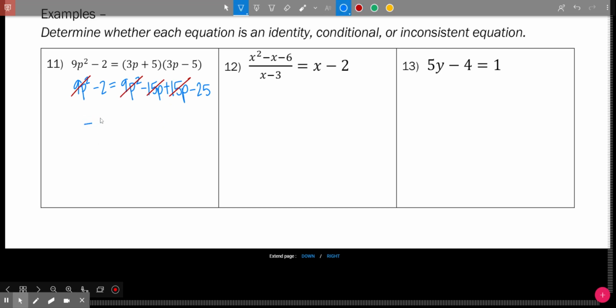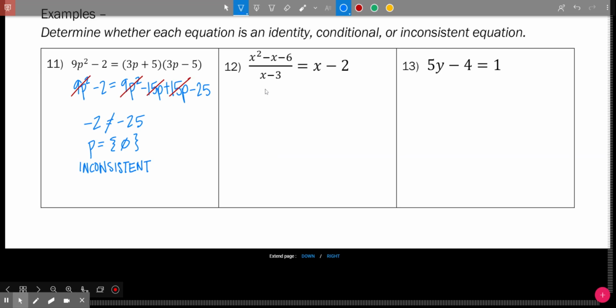That leaves me with negative 2 is equal to negative 25. But that is not true. So anytime you end up with a false statement like that, this has no solution, and we call this an inconsistent equation.